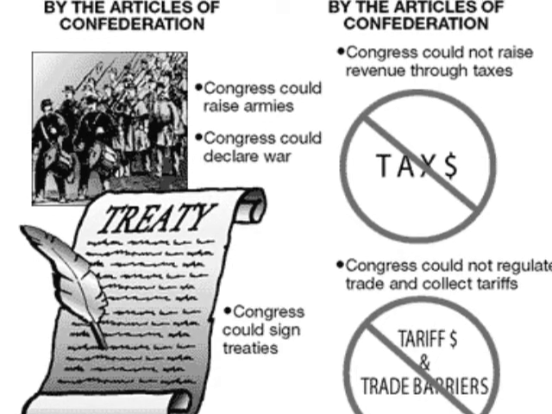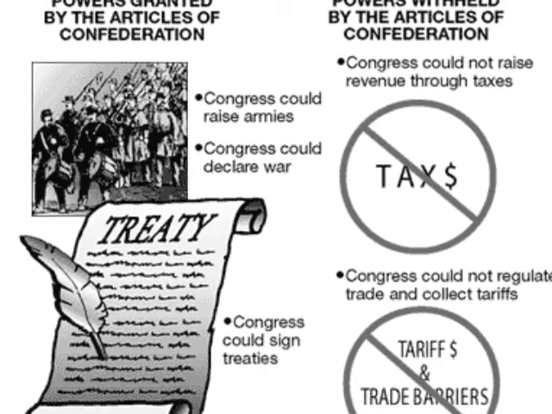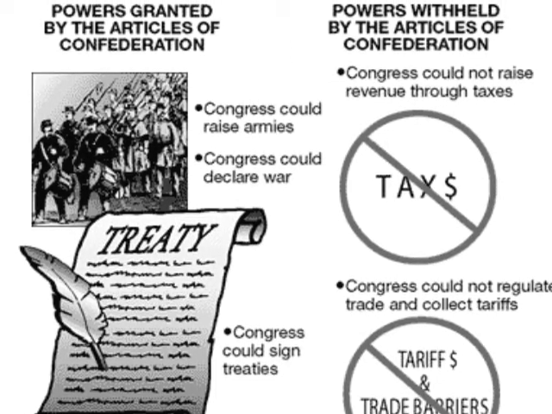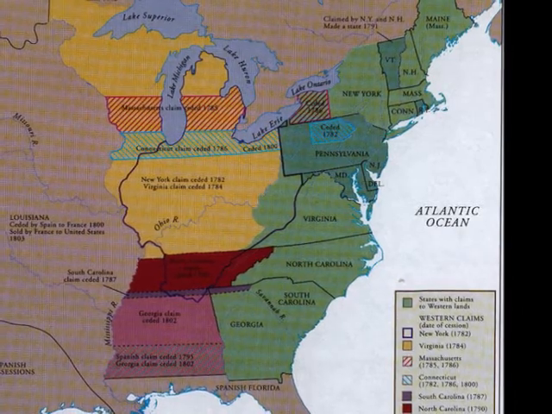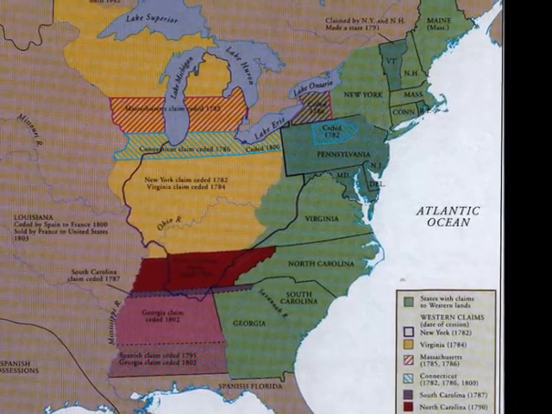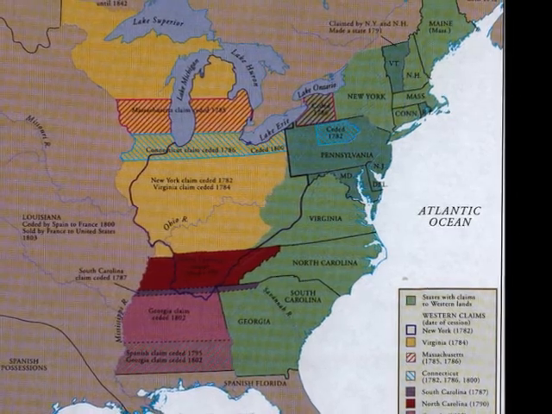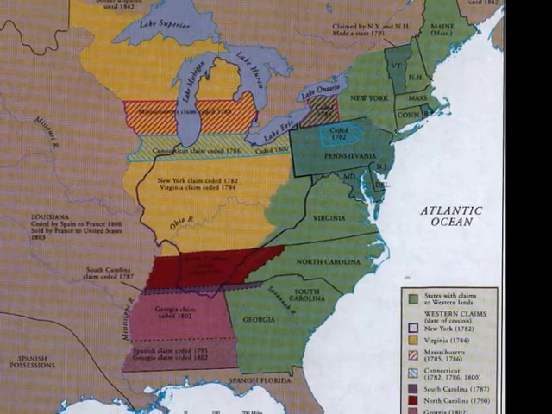In order to pass anything, to make changes to the articles, all of the states had to agree to it, which is pretty difficult to do when these states don't like each other, and so some of them would just vote no just to make the other people mad. So that was a common problem. So when you look at the failures of the Articles of Confederation, there just was no power for the national government, for the Confederation.